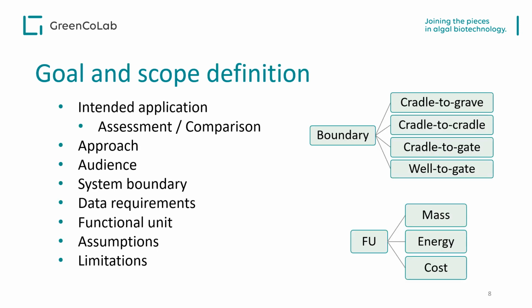So starting with the goal and scope definition. First, we need to understand the intended application of the study. So whether it is for a simple assessment or a comparison, and what approach we are going to be taking.